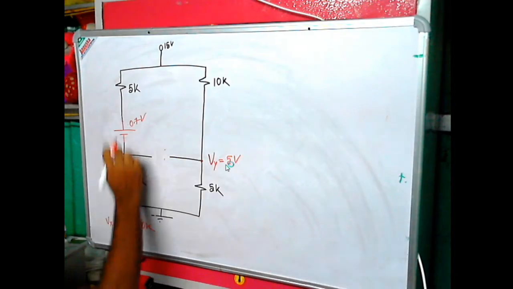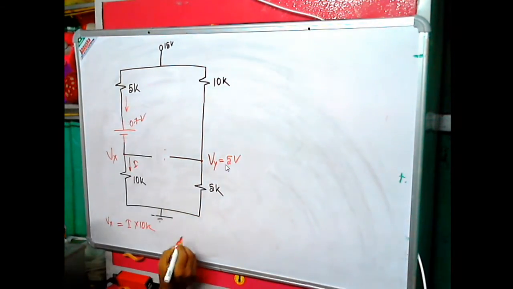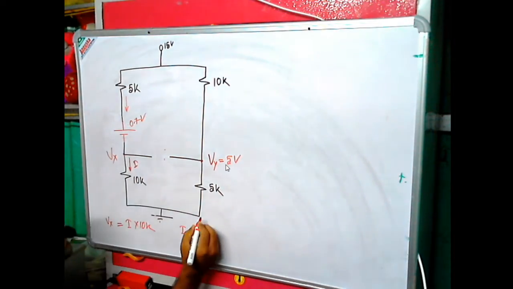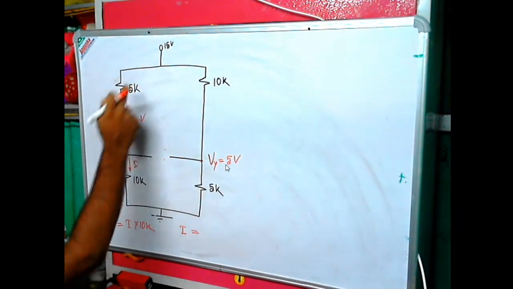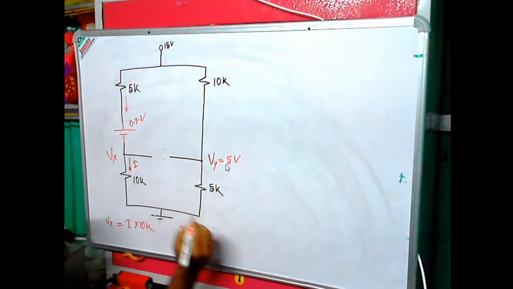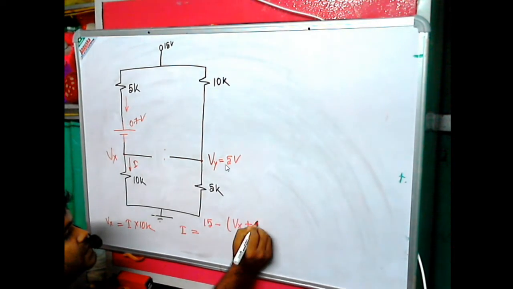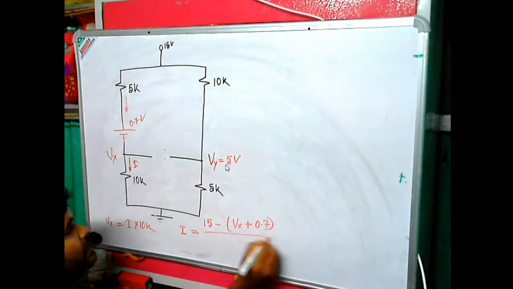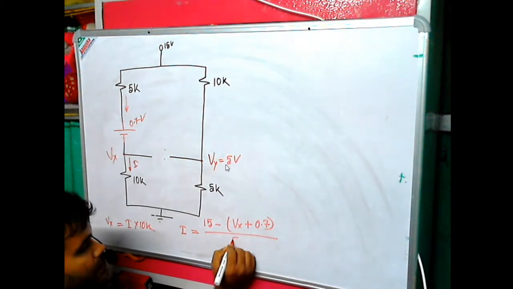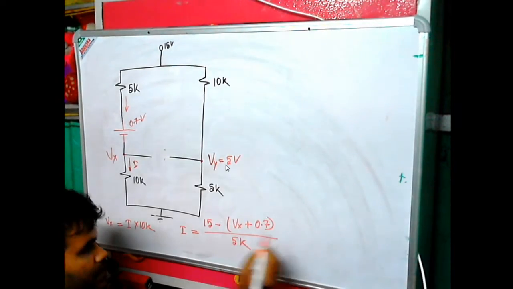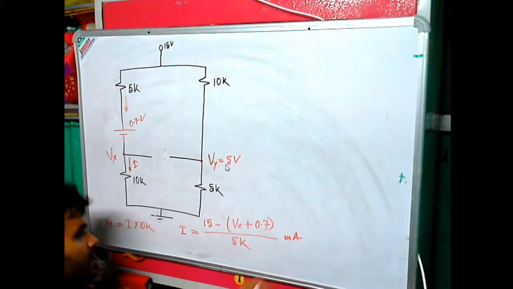Now what is I, basically this current? The potential over here is Vx plus 0.7, and it is 15 volt over here, so I is 15 minus Vx plus 0.7, divided by 5k. This is the value of current I in milliamperes.